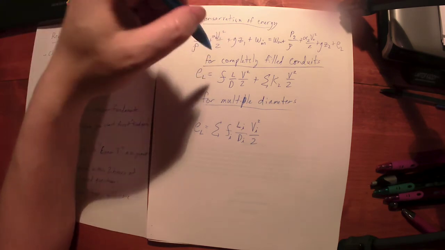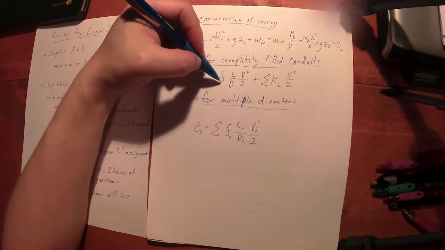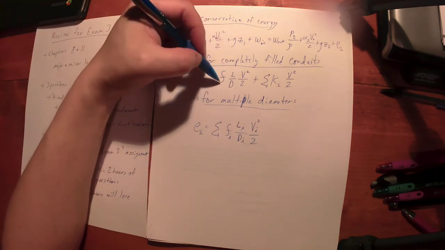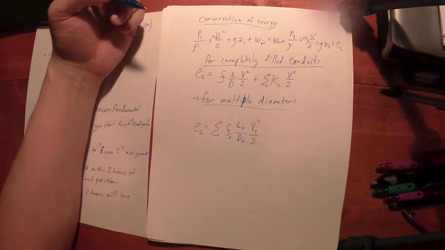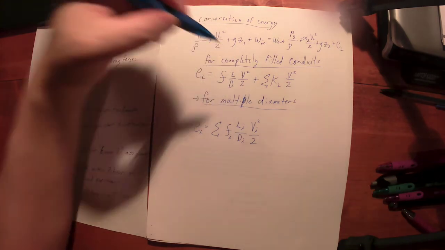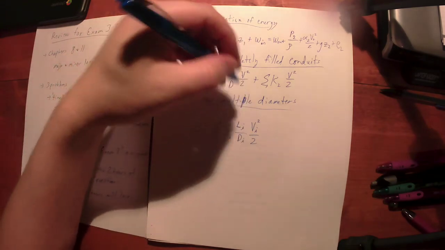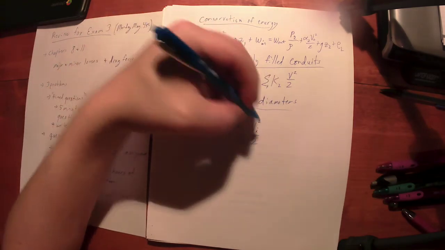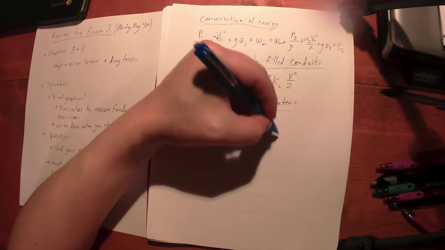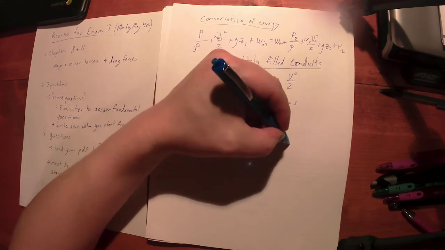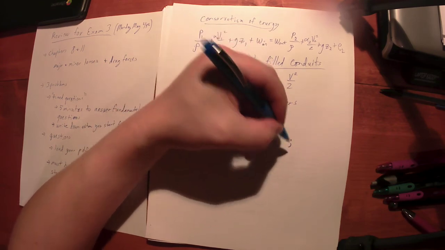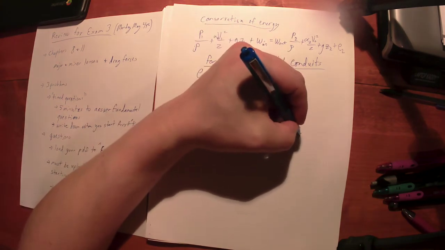If I have a single diameter, though, this simplifies. It's going to be the same speed, and therefore the same Reynolds number, and therefore the same Darcy friction factor, as long as it's the same type of pipe. But if it's a different kind of pipe, or a different diameter, every different segment is going to have a different one of these quantities. And you're going to add all the minor loss coefficients through each different speed.